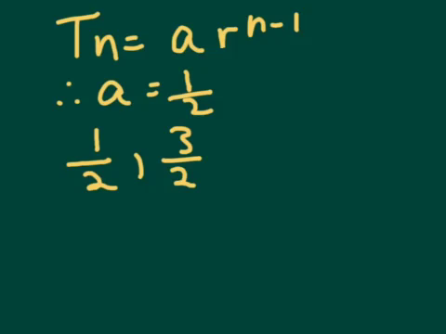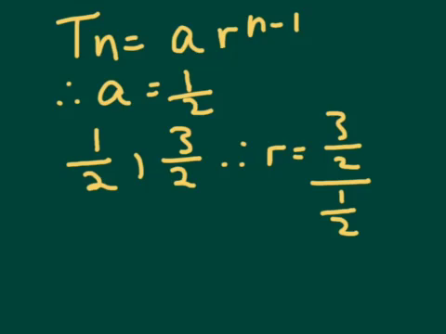Now, because we know that the second term is 3 over 2, we can find the common ratio. So r must equal 3 over 2 divided by a half. When you divide a fraction by a half, it's the same as multiplying that thing by 2. So r equals 3 over 2 times 2, which is just equal to 3.